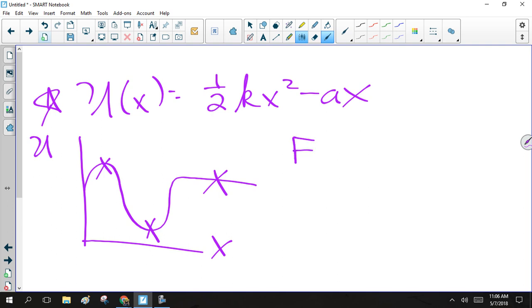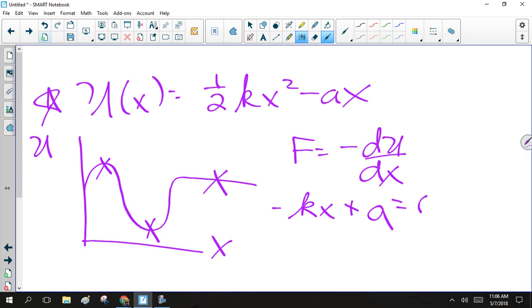So F is negative dU/dx, right? So take the derivative and you get, let's see, what? Negative kx plus a, right? Cool? And we're going to set that equal to 0. So you get a equals kx. x is a over k, right?